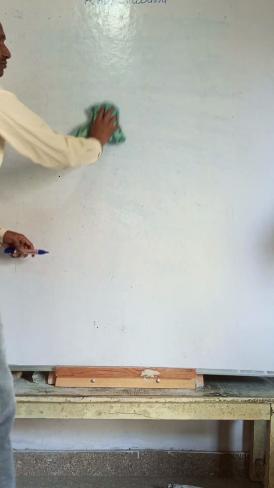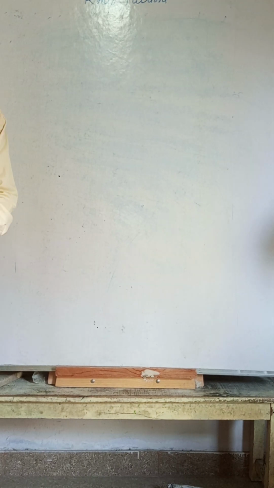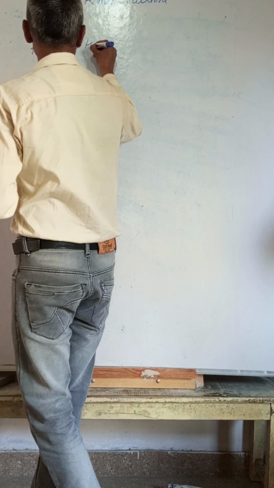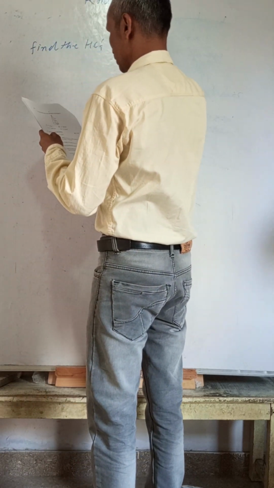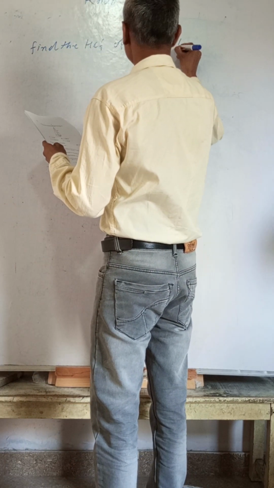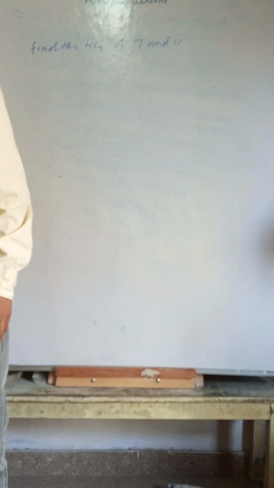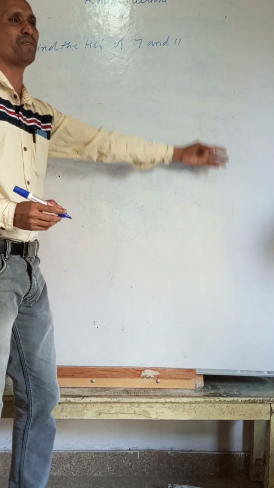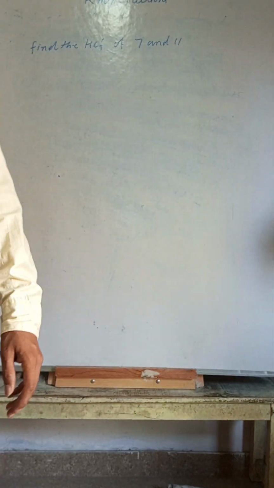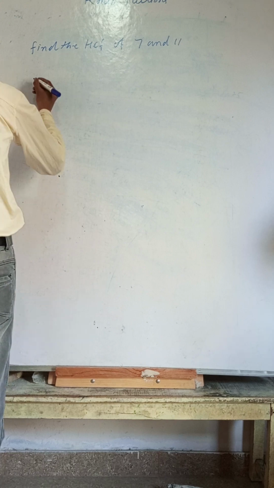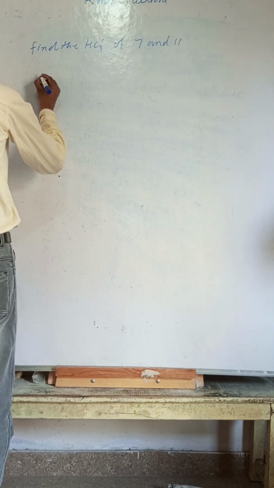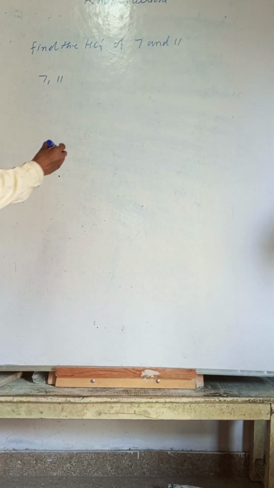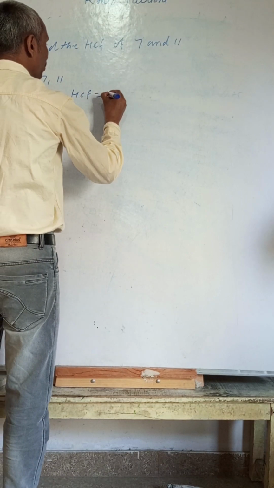Question number 9: find the HCF of 7 and 11. The HCF has to be found out. You know the HCF of prime numbers. These are prime numbers, co-prime numbers. There is no common factor in both numbers, so the HCF of prime numbers is always 1.